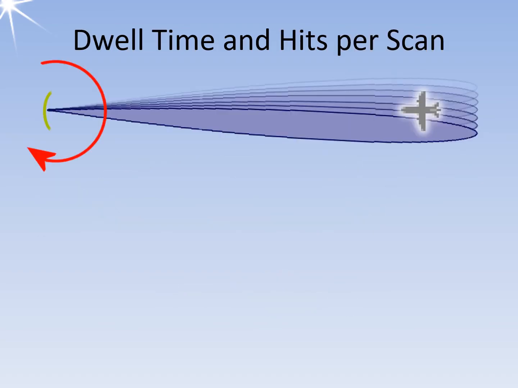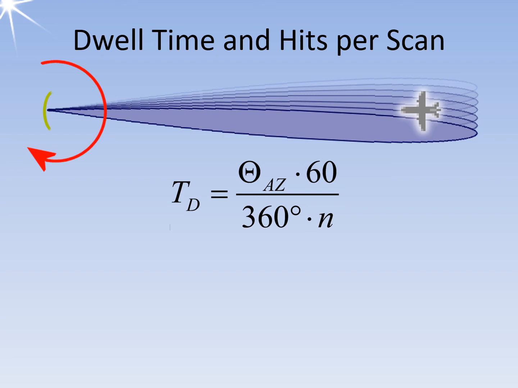The processes in an all-round searching pulse radar are time-dependent. This context results in special technical terms such as dwell time and hits per scan. The dwell time of a 2D omnidirectional radar depends mainly on the half-power beamwidth theta azimuth of the antenna and the rotational speed of the antenna. During this dwell time, the pulse radar sends out several transmission pulses.